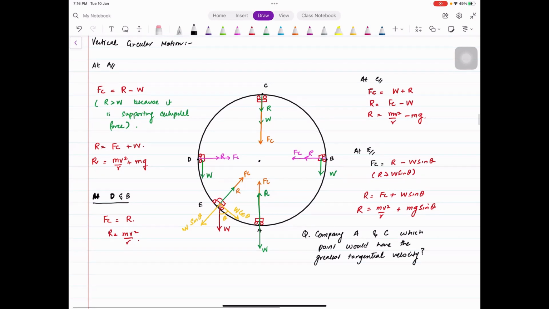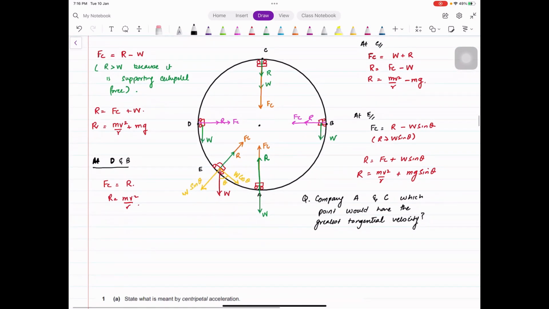Okay, so what you guys need to remember is that, number one, the speed will be greatest at point A, first of all.